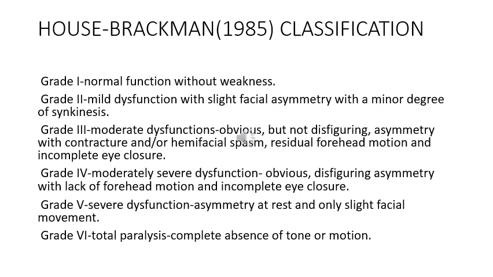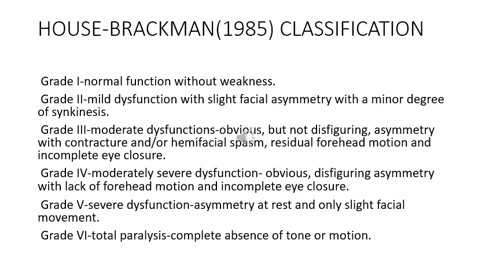So there is a classification of the degree of severity based on the House-Brackmann classification. Grade 1 is normal function without weakness. Grade 2 is a mild dysfunction with slight facial asymmetry and a minor degree of synkinesis.